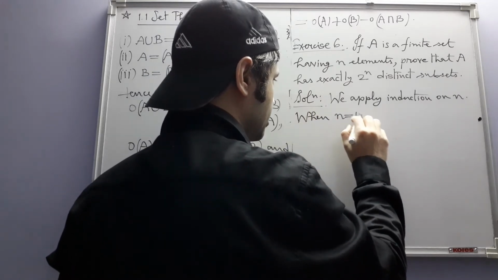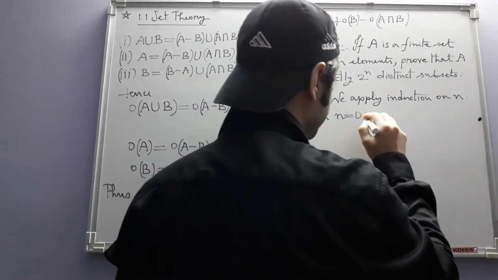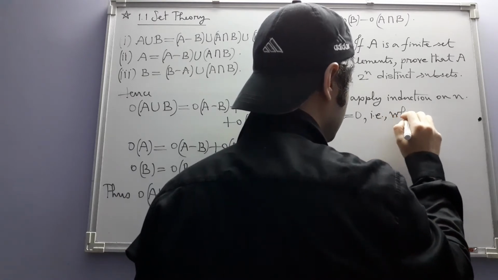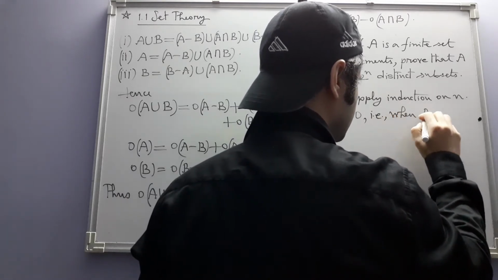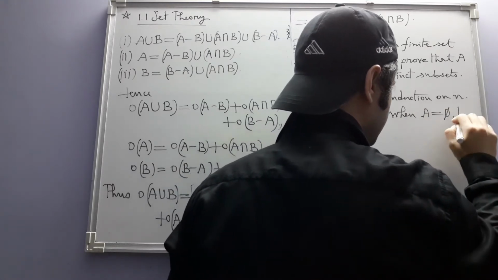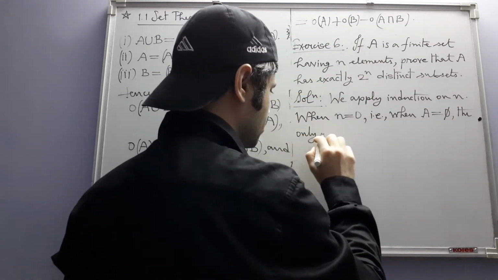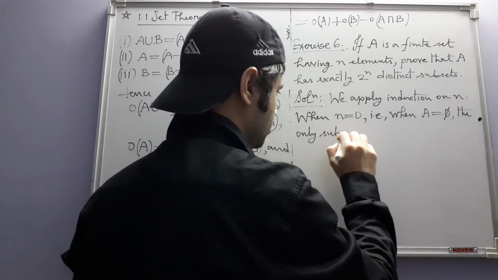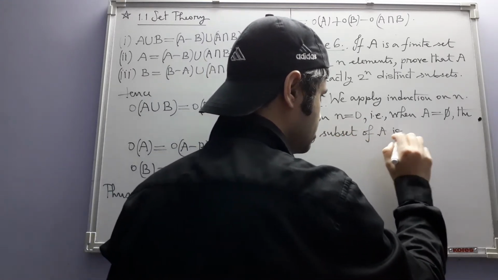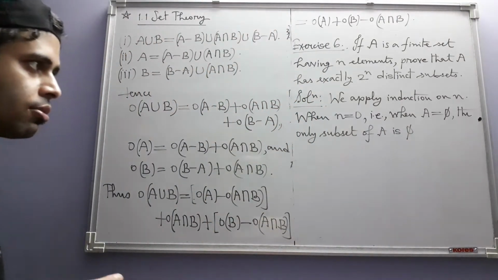When n is equal to 0, that means when A is the empty set, the only subset of A is the empty set itself, because the empty set is the only subset of itself.